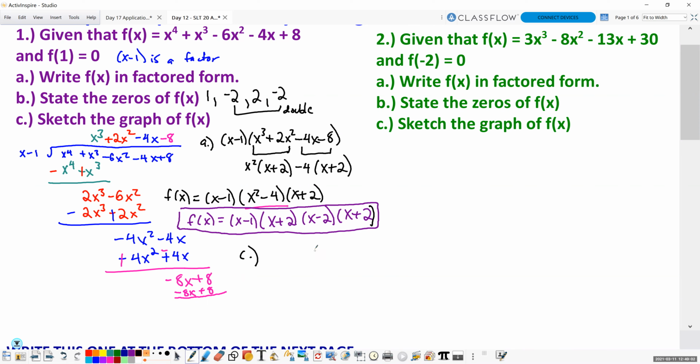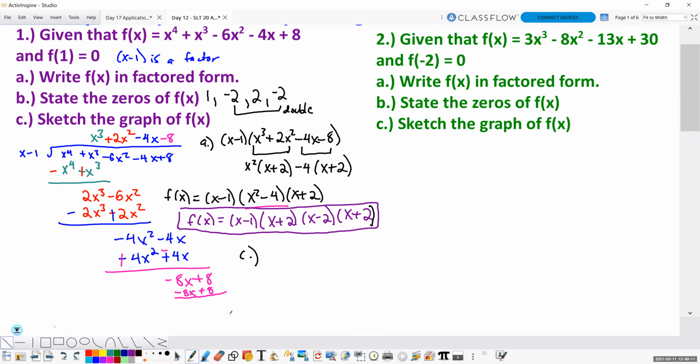So letter C. So I noticed that the original function in standard form is 4th degree and has a leading coefficient of 1. And that tells me it's going to go up on both the right and the left. So I've scaled my graph off.